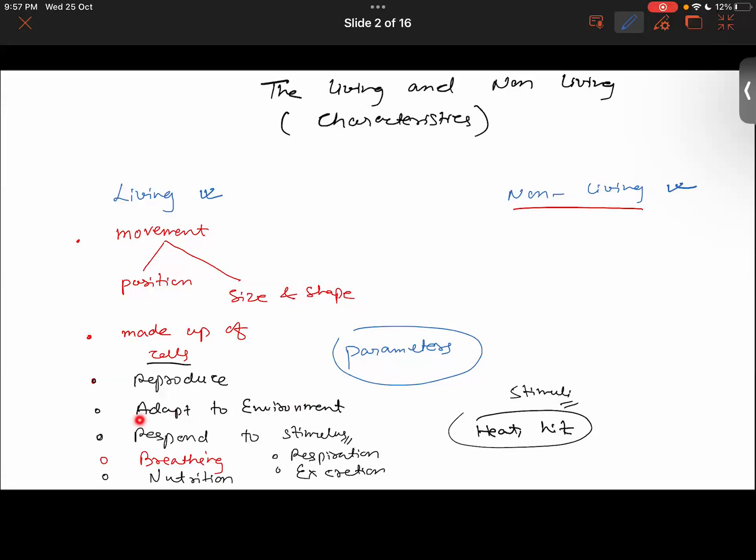Then adaptation to environment के भी अगर हम further classification करते हैं, there are living organisms that can be found living in the harshest climate. For example, in the tundra vegetation, in the tropical rainforest, or in the polar regions, also in parts of Antarctica, several organisms are living right now.